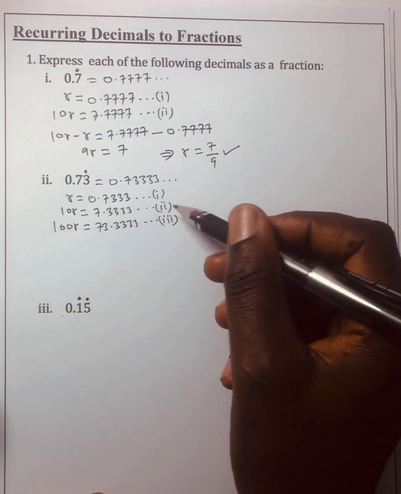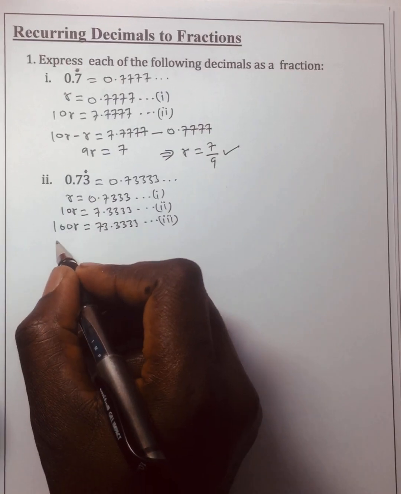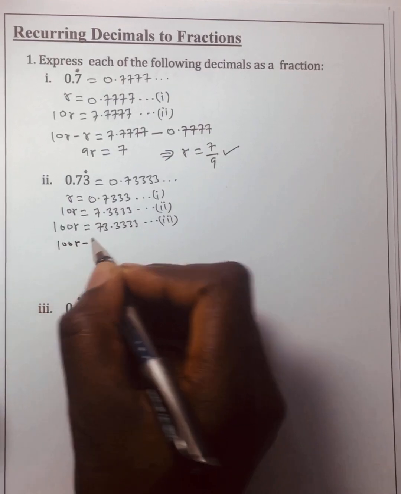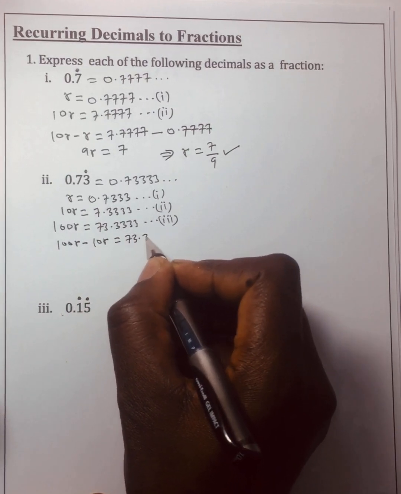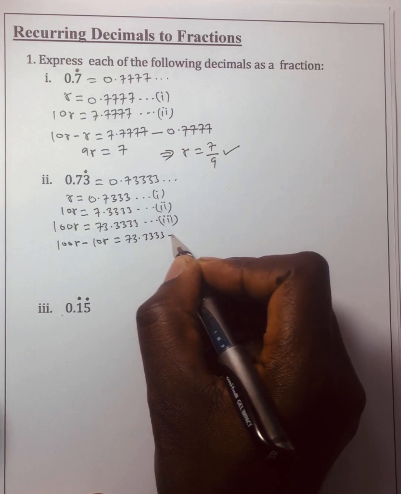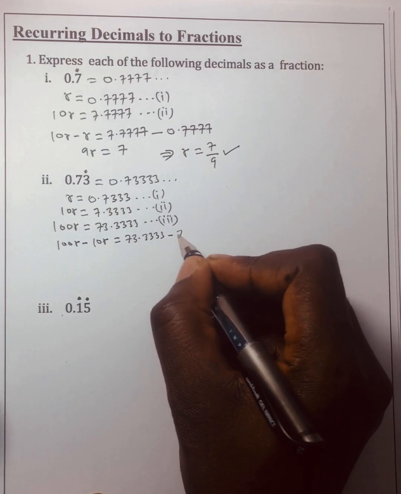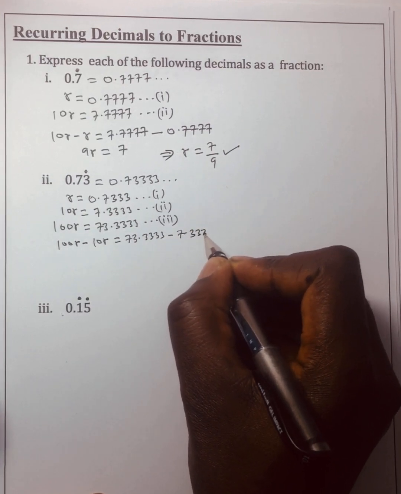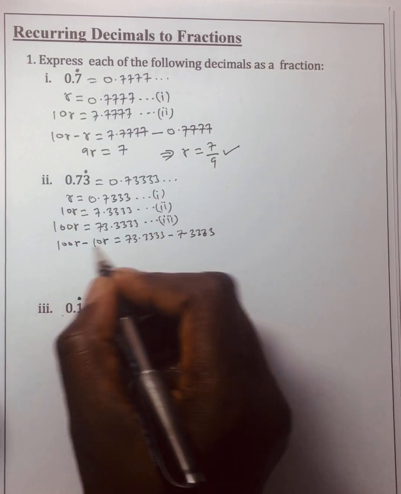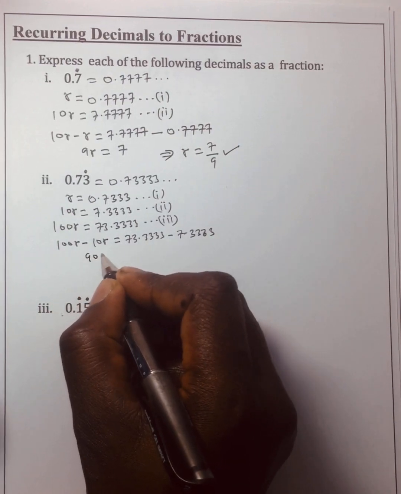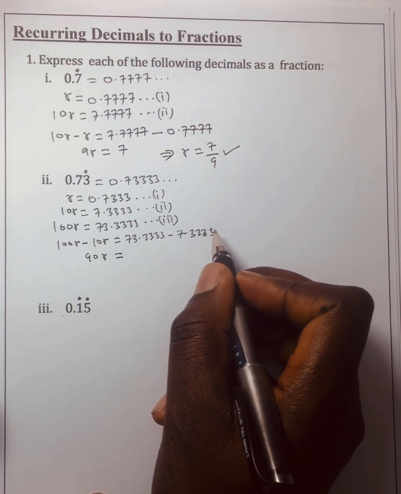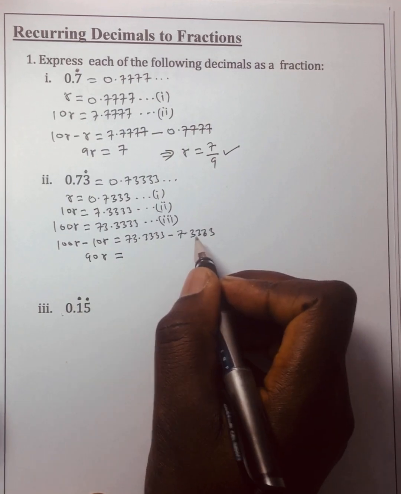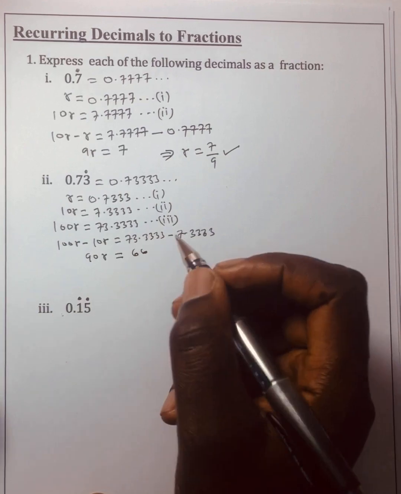So we're going to subtract Roman 2 from Roman 3. So we have 100r minus 10r is equal to 73.3333 minus 7.3333. So we're going to have 90r is equal to 73 minus 7, that is 66.